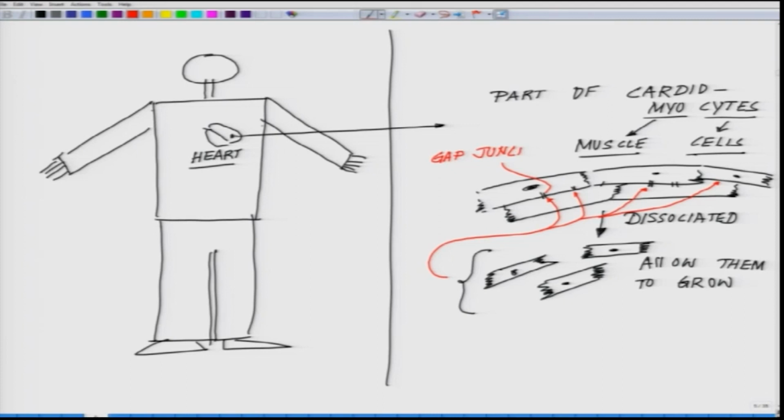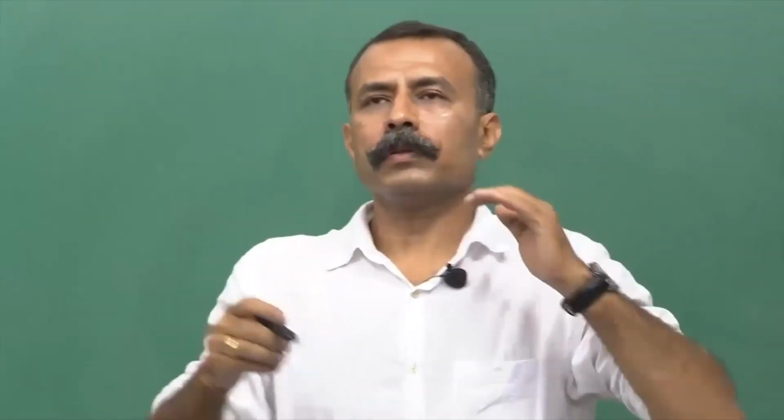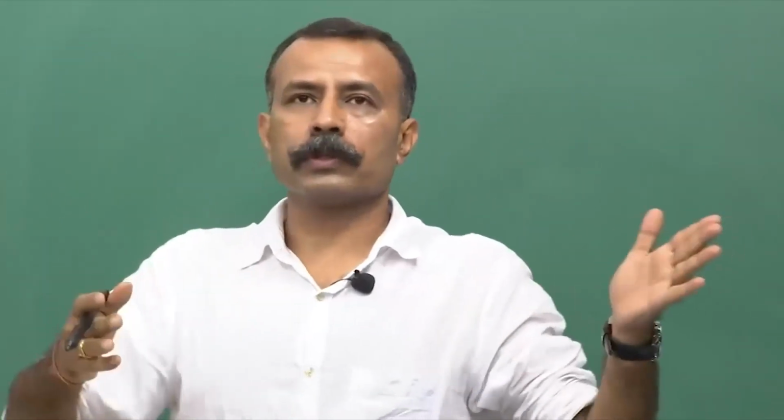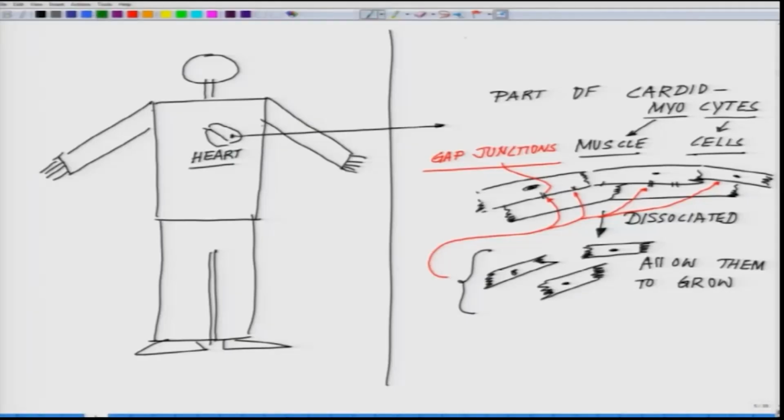Gap junctions are small tube-like structures. Those who are from biology are aware of this; for those from a non-biology background, it is simple. Just imagine there are two rooms. There is a room here, and an adjacent room. Let me draw it to make it simple. This is one room and this is another room.